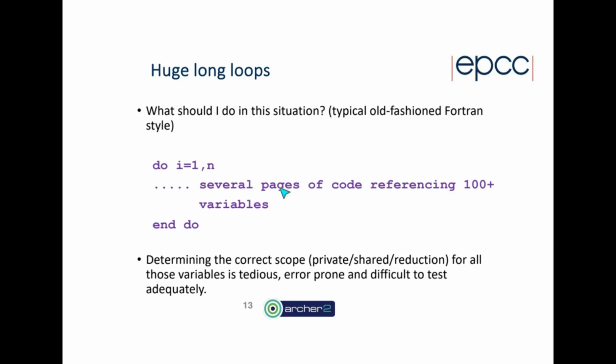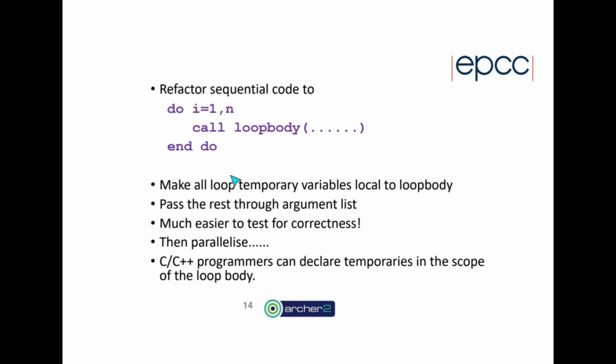So if you want to parallelize that loop, you are faced with the problem of trying to determine the correct scope for all those variables, which is tedious, error prone and difficult to test properly. If you're faced with that problem, what I would suggest is that you refactor the sequential code so that you extract the loop body into a subroutine.